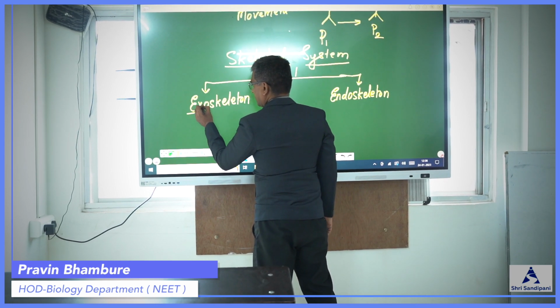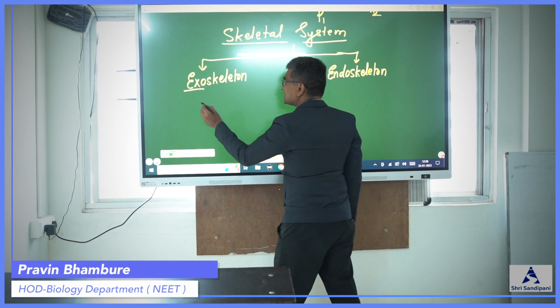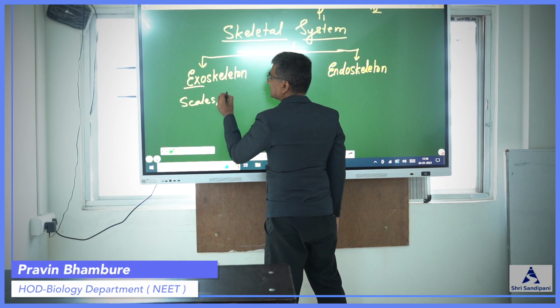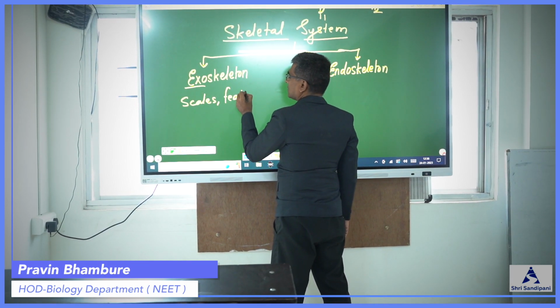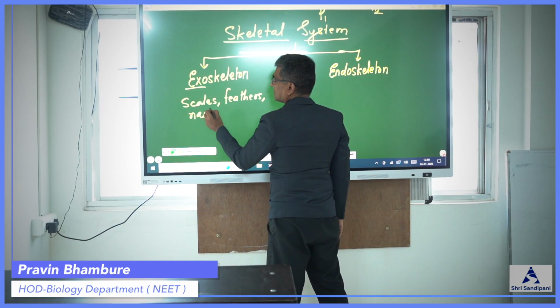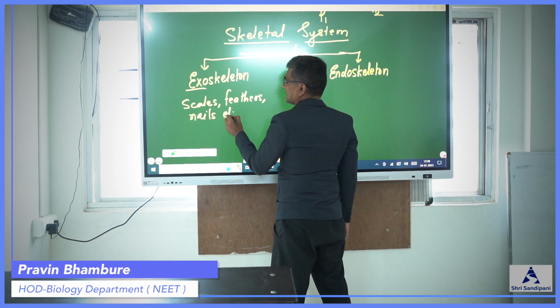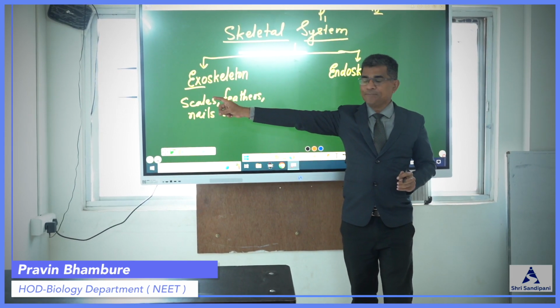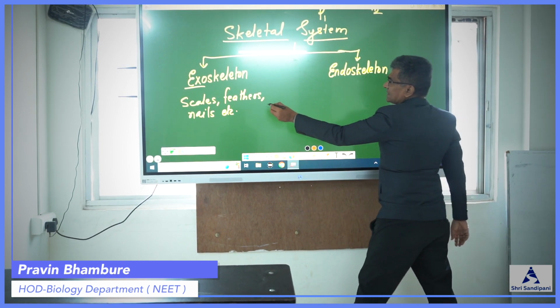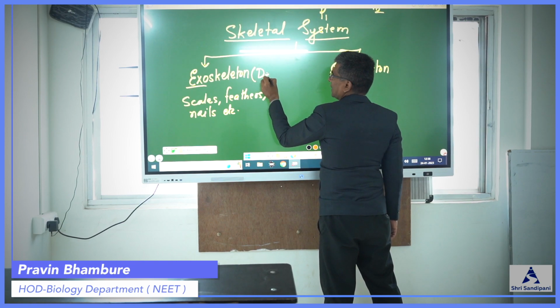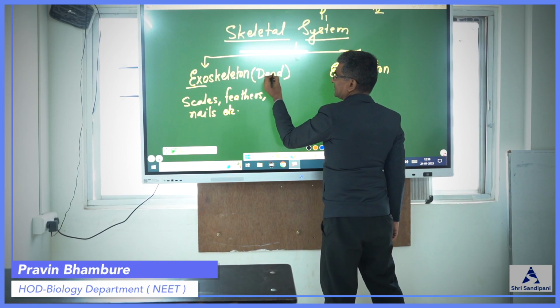So scales, feathers, nails, etc. These are all parts that constitute exoskeleton. And exoskeleton is a dead part.